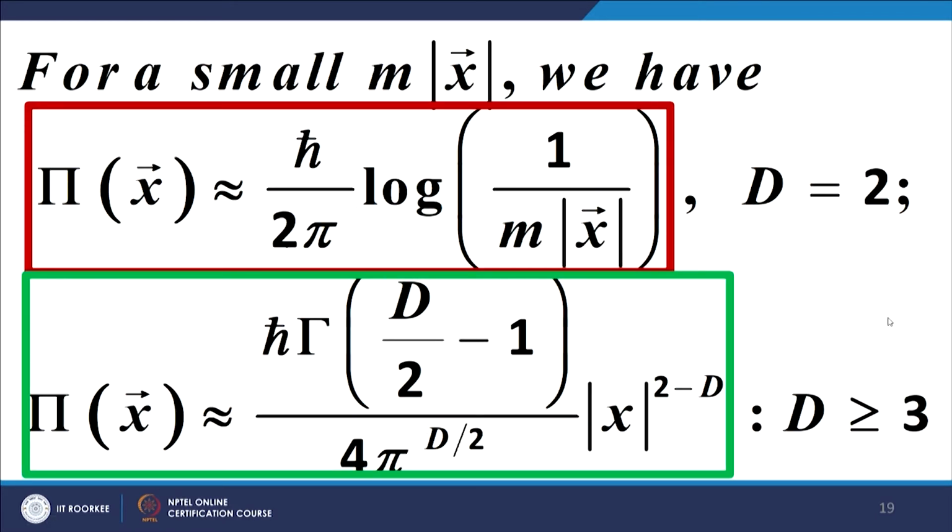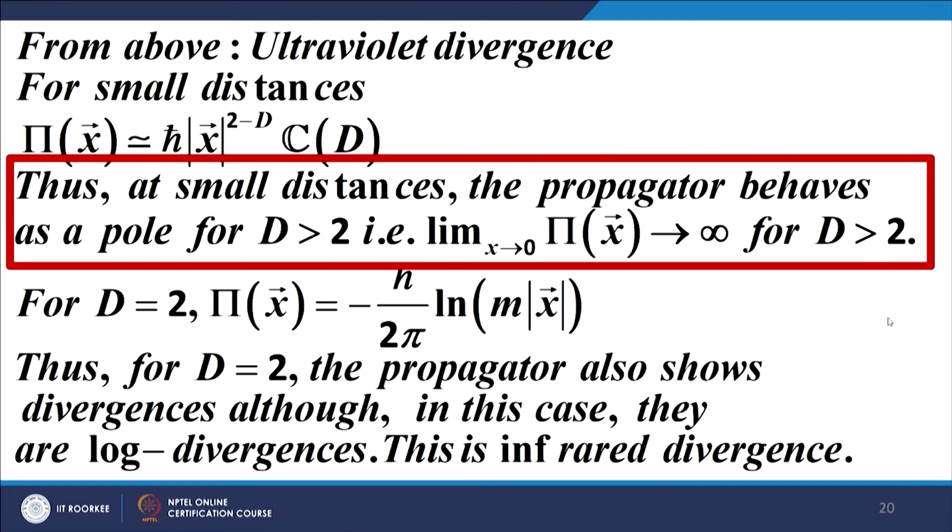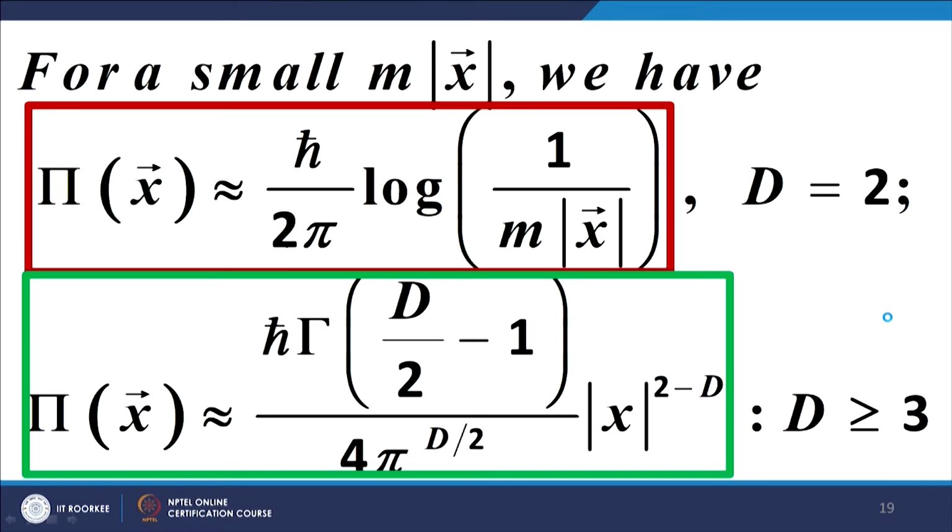This leads to the expressions for the propagator given in the red box for d equal to 2, and given in the green box for d greater than 2, that is greater than or equal to 3. Therefore, for small distances, the propagator seems to have a pole. If you look at the expression carefully, the prefactor of mod x to the power 2 minus d depends on the dimensionality, and then it has mod x to the power 2 minus d.